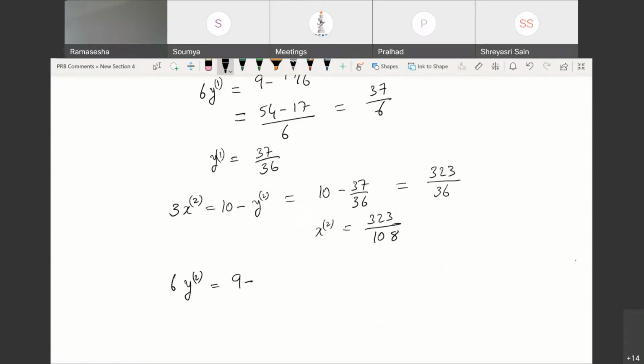So that is equal to 9 minus 323 by 108, so 972 minus 323 by 108, which is 649 by 108, right?